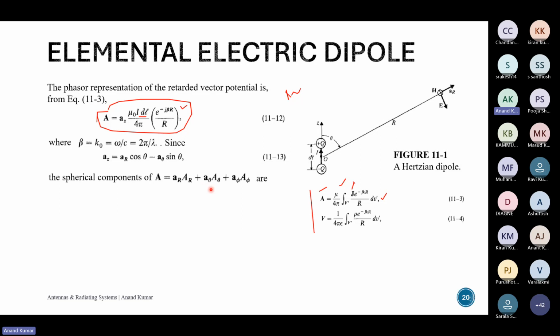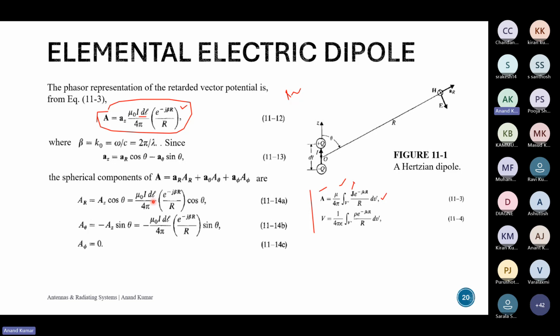Solving this in Cartesian coordinates will be difficult, so we're shifting the coordinate systems. This is a spherical coordinate system, and over here we have the expression for A in the Cartesian coordinates. Because this was in the Z direction, the vector potential could be easily defined in Cartesian in the Z direction.